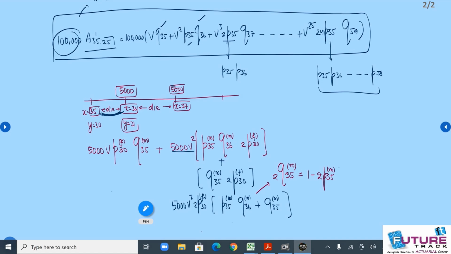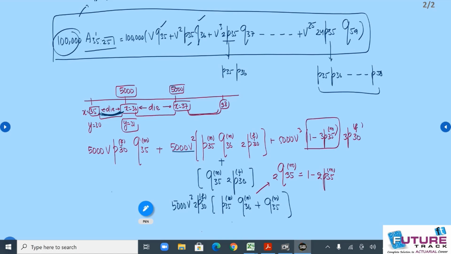Fine class. Similarly class, X may die between 37 to 38. So one scenario is this. If he dies between 36 to 37, then also he will get the benefit. And if the male dies between 35 to 36, still the person gets the annuity between 37 to 38. So the expression becomes 5000 V cube into 1 minus 3P35 male, into 3P30 female.